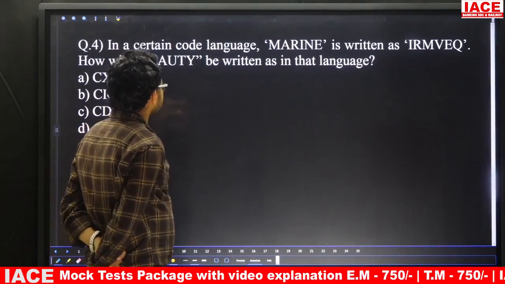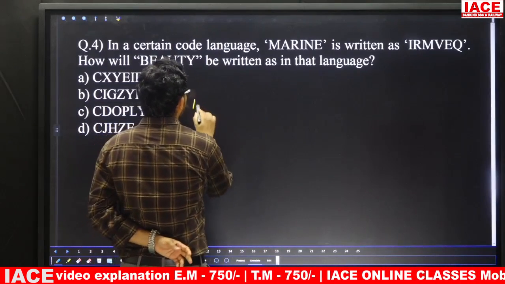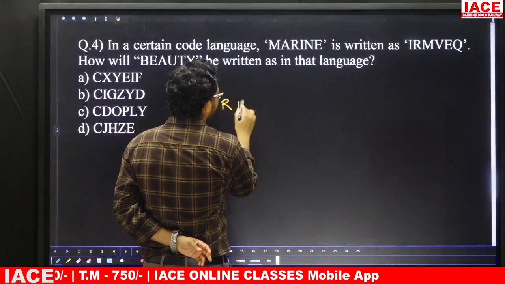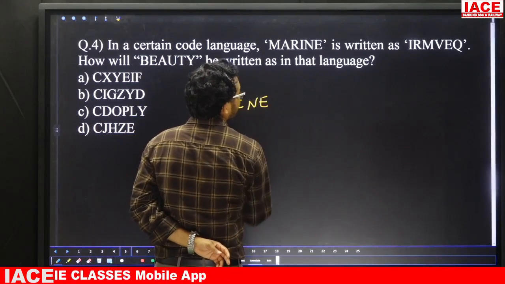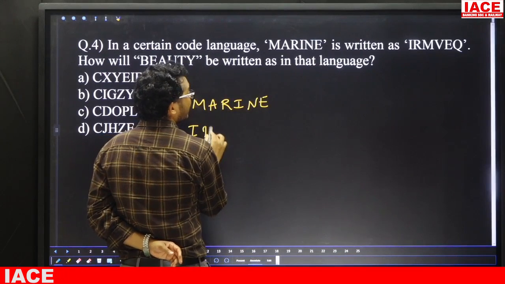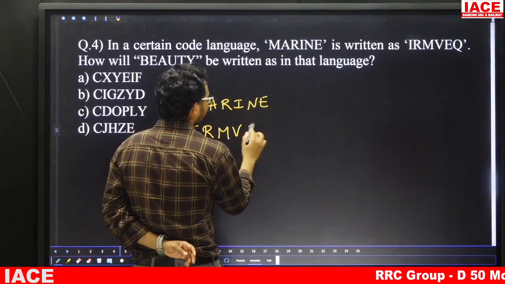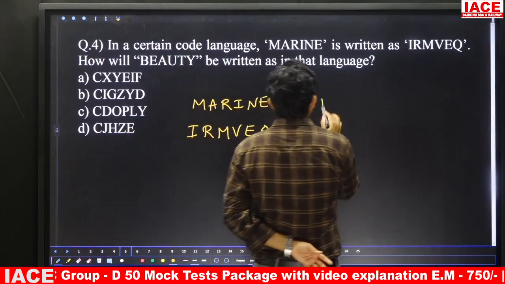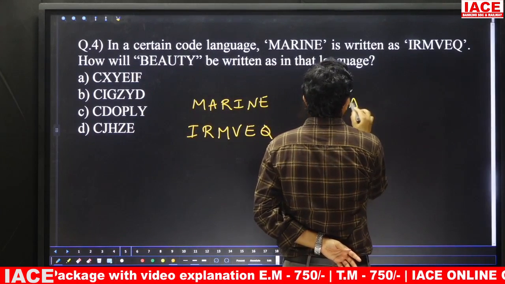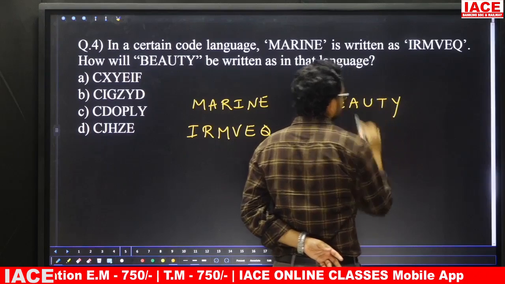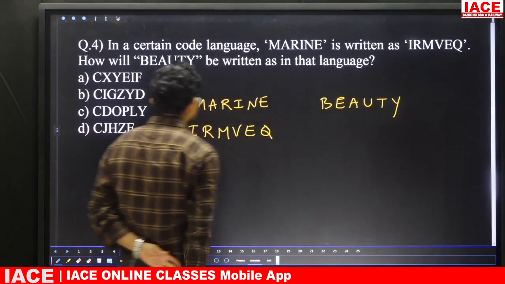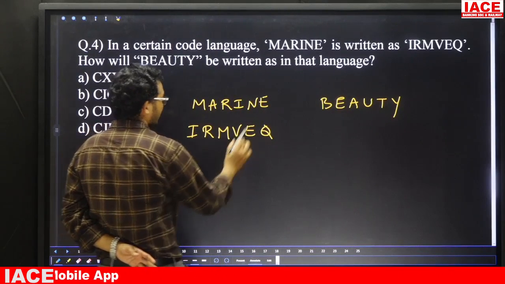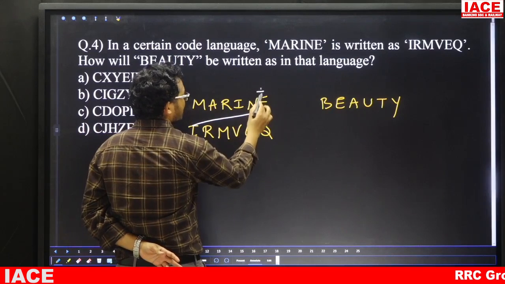Question number 4. In a certain code language, marine, M-A-R-I-N-E, is written as I-R-M-V-E-Q. In the same manner, beauty, B-E-A-U-T-Y, is written as what? Suppose, friends, if you observe here, E plus 4 is what? 9.